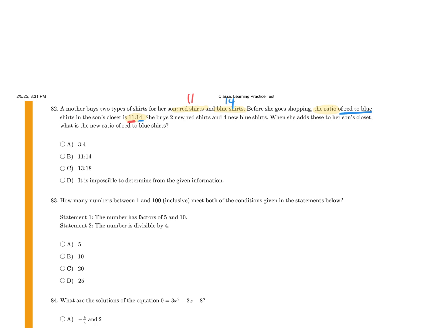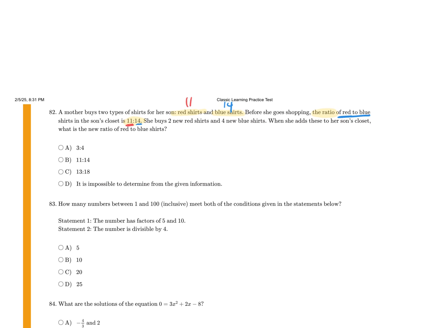She buys 2 new red shirts. So now there's more red shirts. If there's 2 new red shirts, now there's 13 red shirts. And 4 new blue shirts, so now there's 18 blue shirts. When she adds these to her son's closet, what is the new ratio of red to blue?